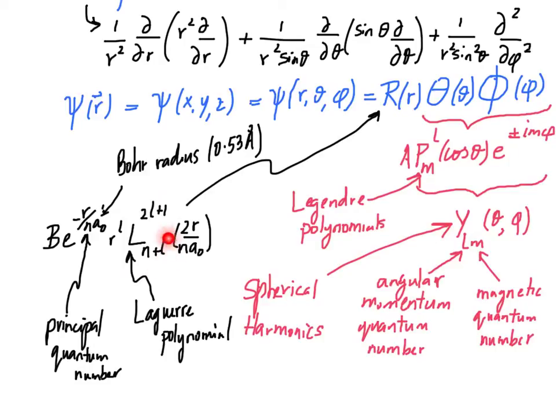Now these indices n plus l and 2l plus 1 basically indicate the type of Laguerre polynomial that should be used.